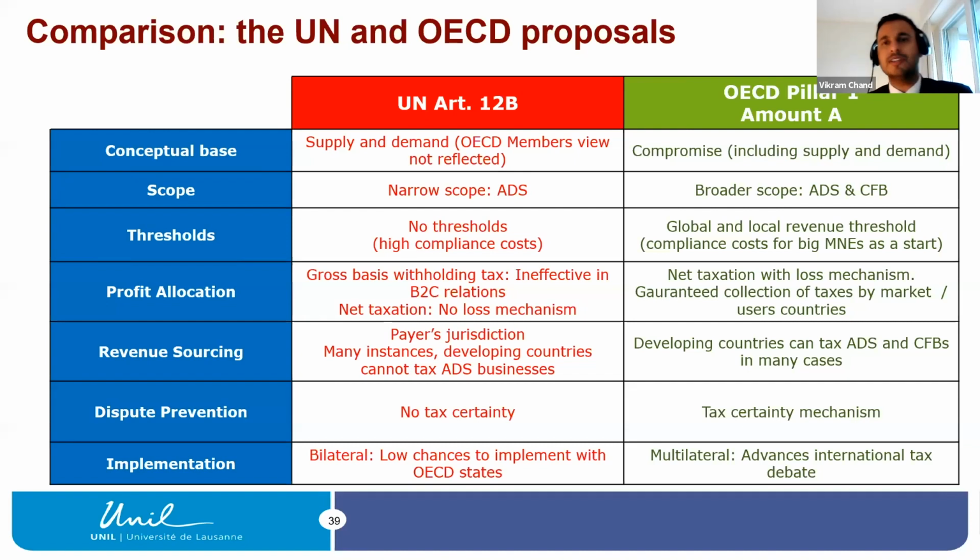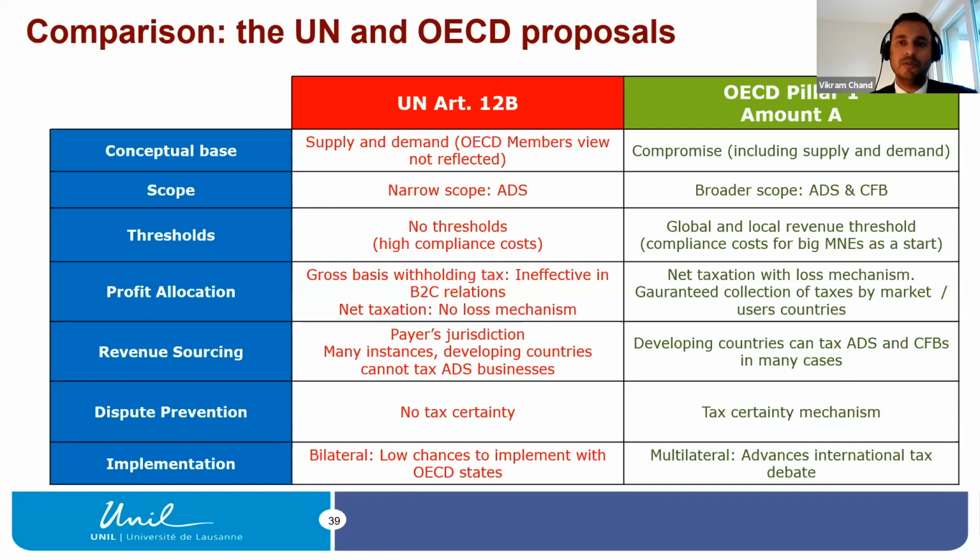On the revenue sourcing side, and I think this is one of the biggest challenges of the UN proposal, the OECD's proposal on Amount A has solid revenue sourcing rules. There are some issues in them, I acknowledge that, but these sourcing rules give developing countries the taxing rights over a lot of ADS businesses. So just imagine a situation where BMW is paying Facebook or Google to advertise on the Indian market, to users on the Indian market.